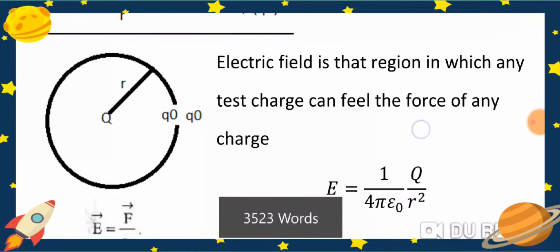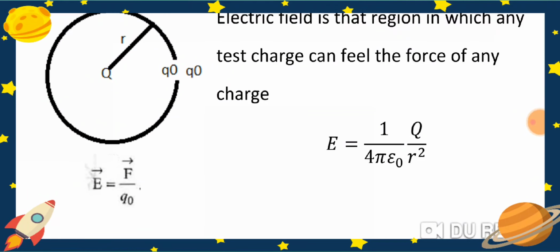Now, what is the electric field? As you can see on your screen, the electric field is that region in which any test charge can feel the force of any charge. What does it mean? Let's suppose we have a charge Q. You can see in the diagram, this is a charge Q. And we have another charge named the test charge Q naught.